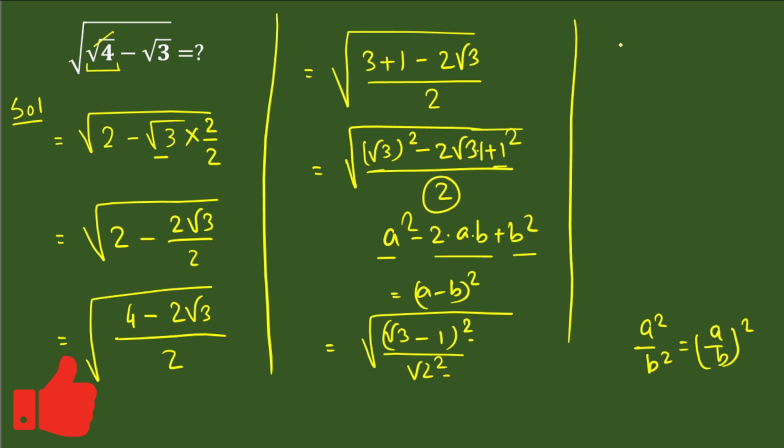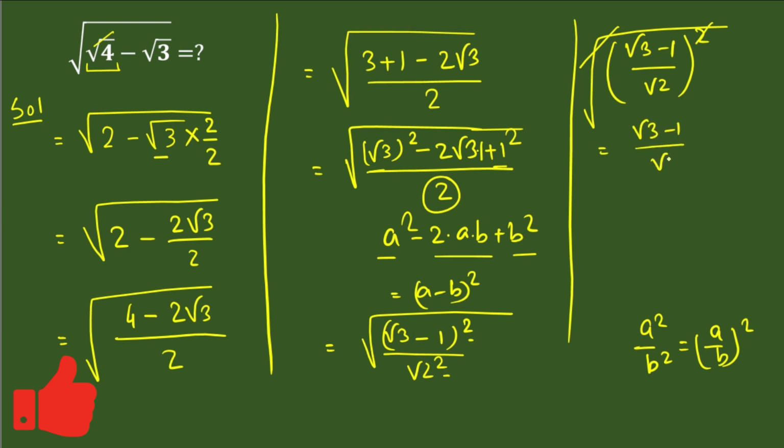Similarly here it is square root 3 minus 1 divided by square root 2, whole square, and all of it is under the square root. Now we can cancel the square root and the square, right? Now we are left with, in the numerator, square root 3 minus 1 divided by square root 2.